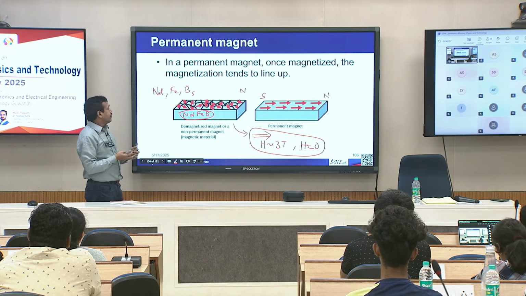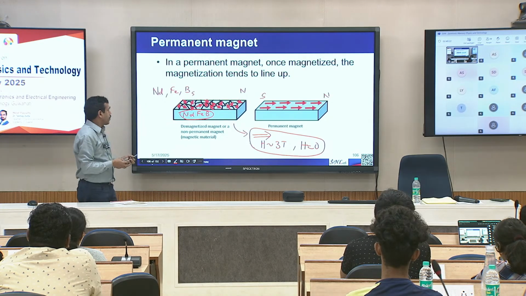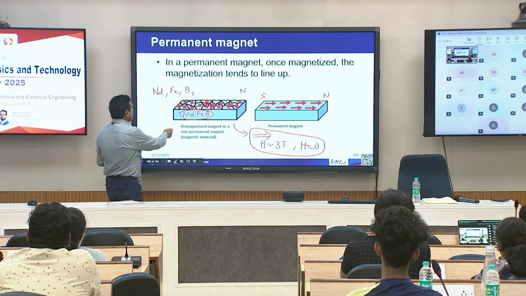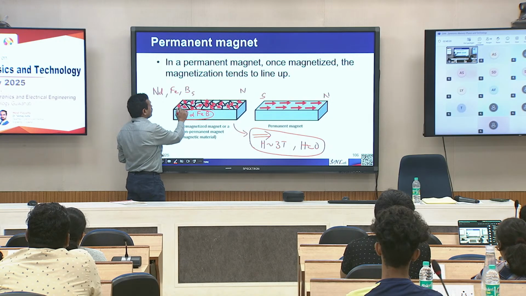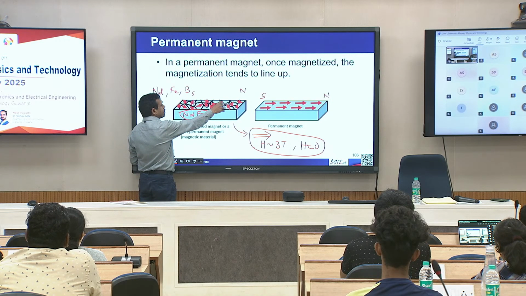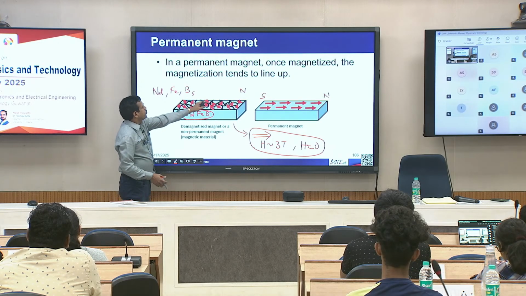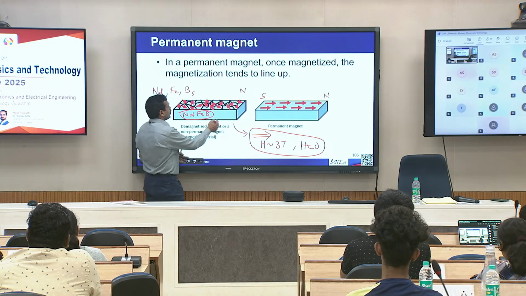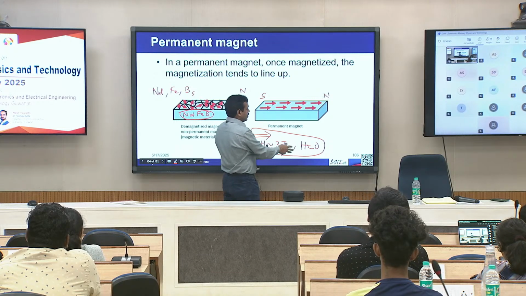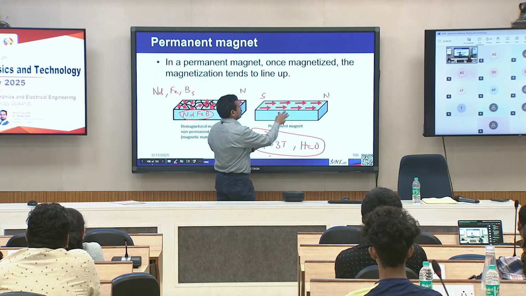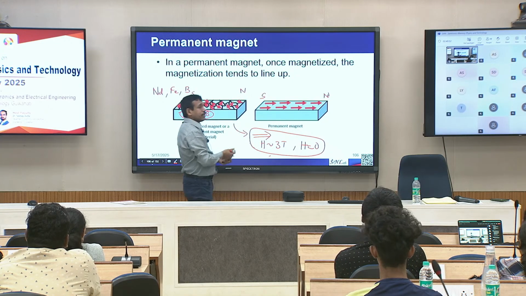So, what happens when you prepare a piece of neodymium iron boron? In this piece you notice that there are tiny regions where the magnetizations point in different directions. Because the magnetization points in different directions, you do not have a north or south pole. But once you apply a very strong magnetic field and, even after you remove it, the magnetization is retained in this direction, then you have a north pole and a south pole.